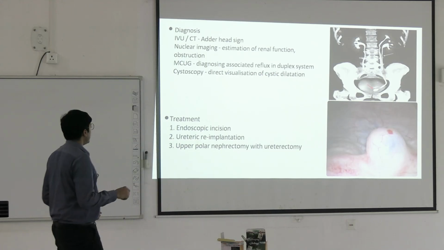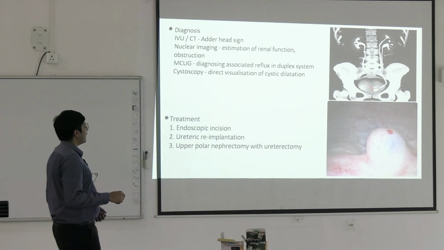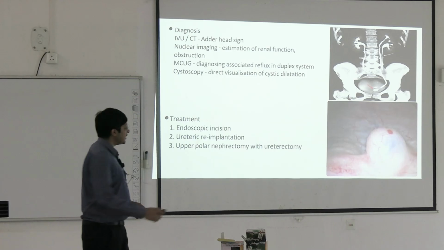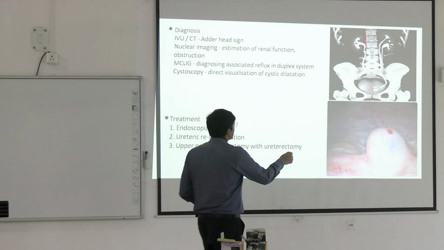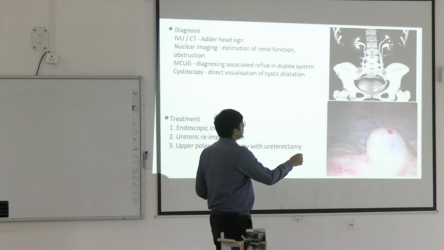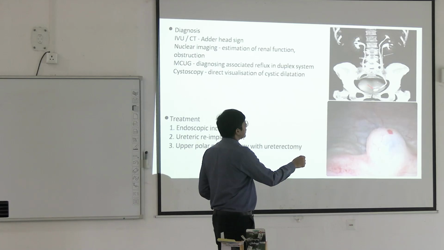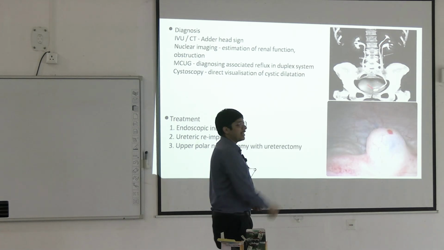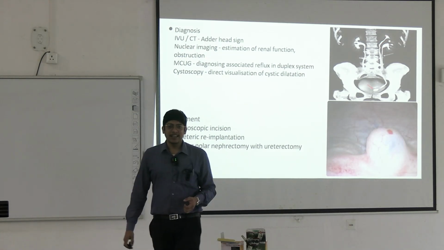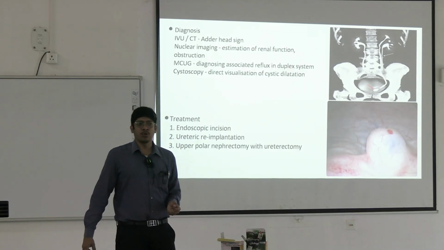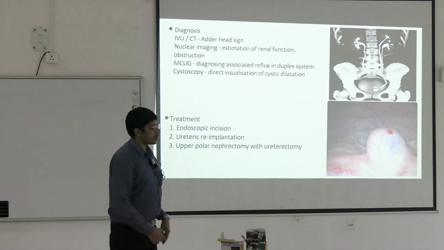I have written a third option called upper polar nephrectomy with ureterectomy. This is if suppose this particular system is having ureterocele and this lower system is having reflux. Because of the obstructive nature of the ureterocele, this half of the kidney is non-functioning and giving rise to only symptoms and no renal contribution to the body.